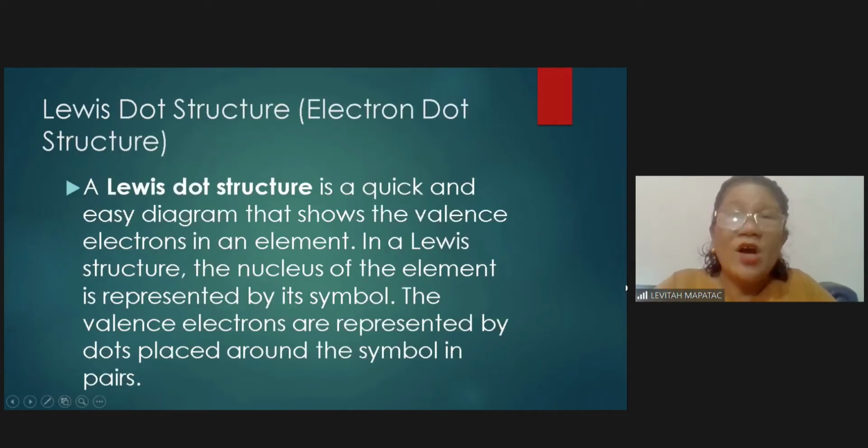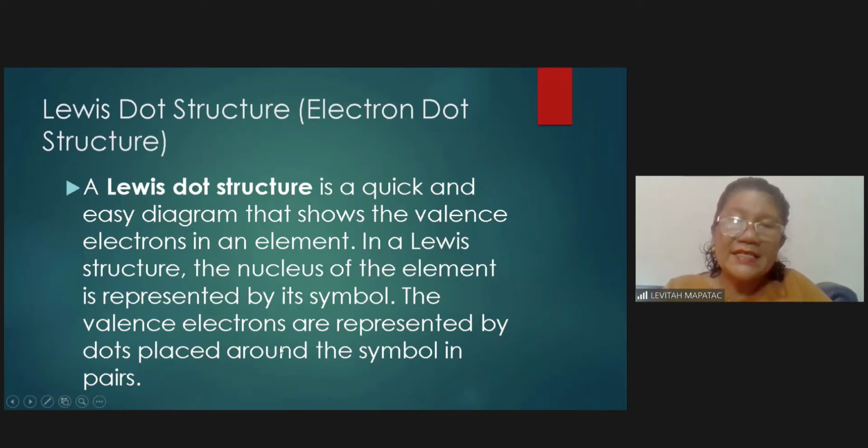So how are we going to have this Lewis dot structure? From the word dot, meaning it will be in the form of a period. A Lewis dot structure is a quick and easy diagram that shows the valence electrons in an element, and this is known as the Lewis structure, wherein the nucleus of the element is represented by its symbol.